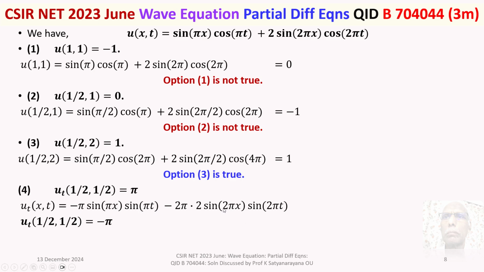When x is 1 by 2, sin 2 pi by 2, that is sin pi, this becomes 0. So the second term becomes 0. The answer is minus pi, but it is given to be pi. Therefore, this option 4 is not true. Summarizing all the options, the answer to this question is option 3.